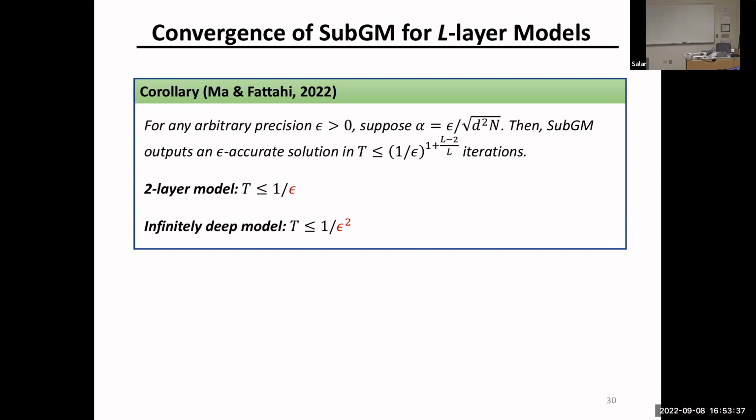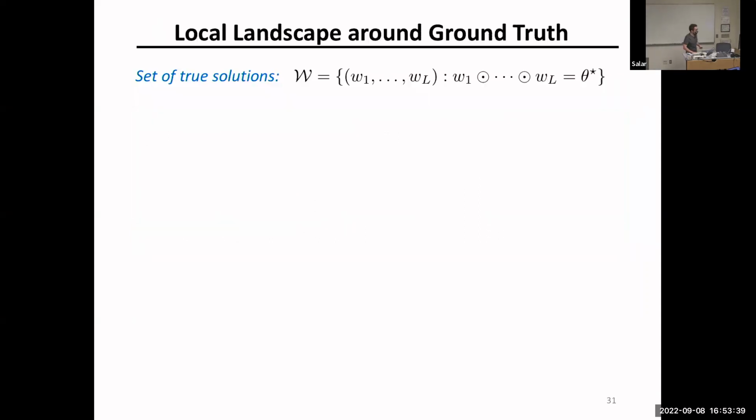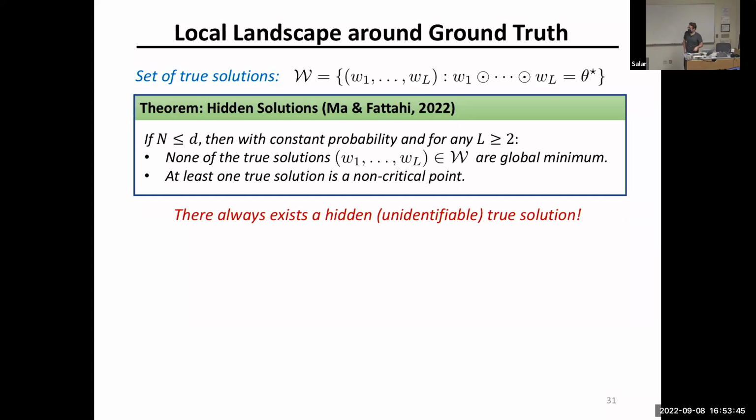Okay, now again, I want to mention that here we don't have a benign landscape. In fact, we have a deeper result for deep linear regression. We could show that if n is less than or equal to d, where d is the dimension and n is the number of samples, then with constant probability, and for any L greater than or equal to 2, none of the true solutions are global minimums.